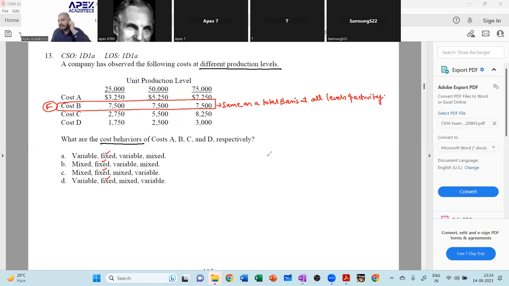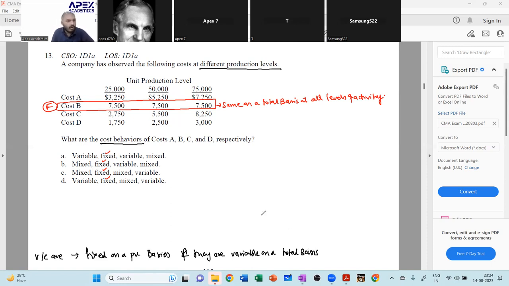Now let me look at A. My dear friends, you know the rule that variable costs are fixed on a per unit basis and they are variable on a total basis.